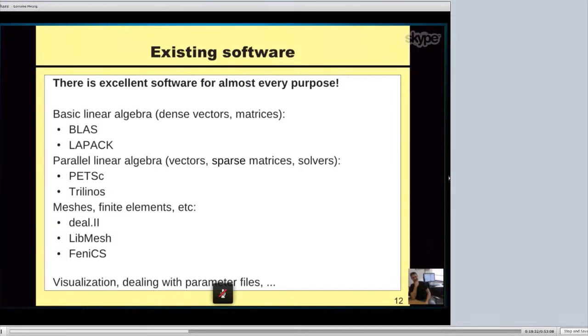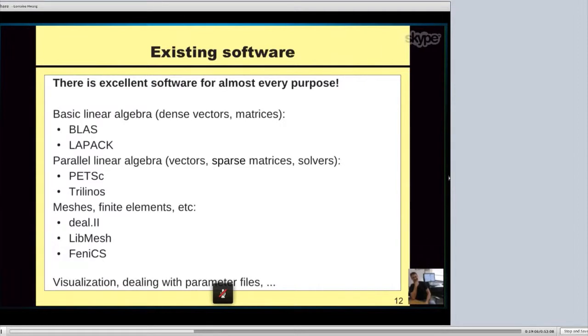Then, on top of this, there are essentially two very widely used packages called PETSc and Trilinos that deal with sparse matrices, so with the things that we typically find when we discretize partial differential equations, and with linear solvers like conjugate gradients or GMRES or any of these sort of things. And further on top of PETSc and Trilinos, you find packages that deal with the finite element discretization, so things that deal with the meshes, the finite element shape functions, and so on and so forth.